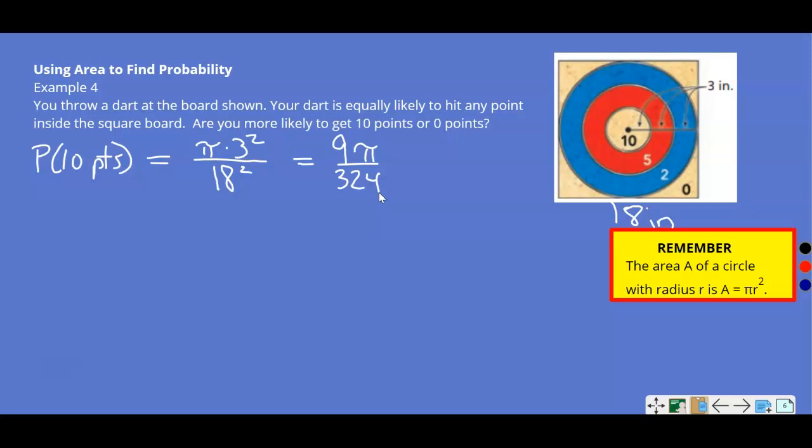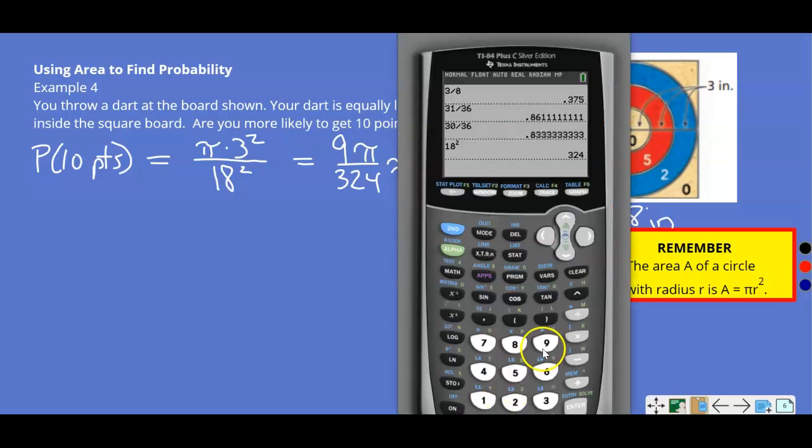And if we want to find an approximate probability of this, we can do that. So we're going to do 9 times pi divided by 324. And that's going to be about, move 2 decimal places, about 8.7%.